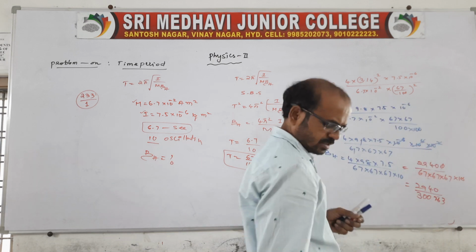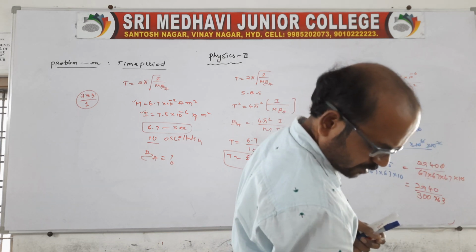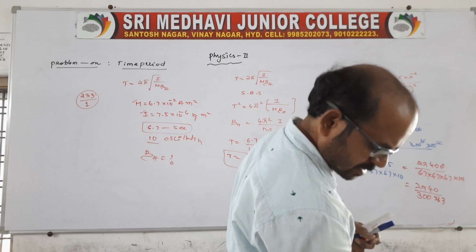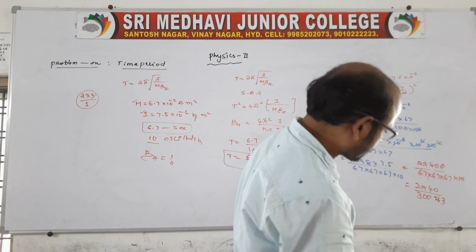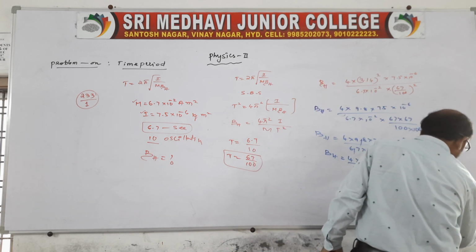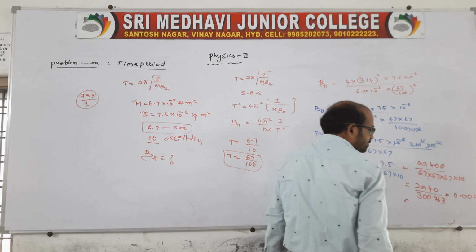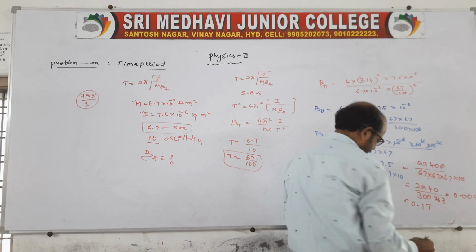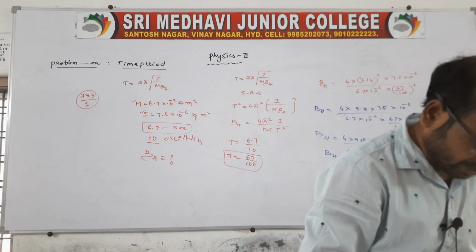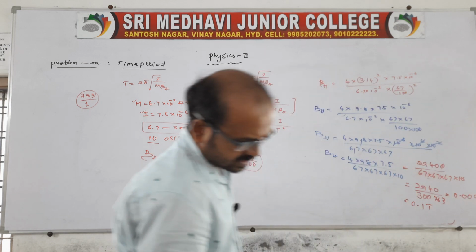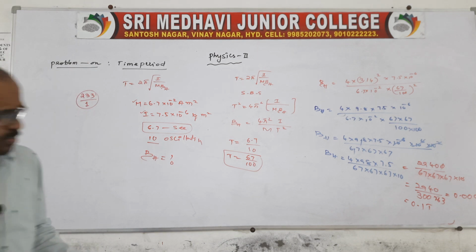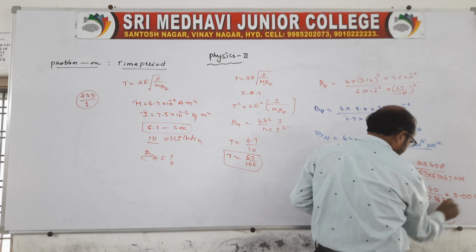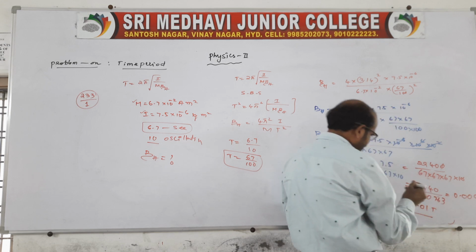Now you divide 2940 by 300,673. Approximately it is 0.000009. If you round this off, we may get 0.1 Tesla, or 0.01 Tesla, because it is 0.009, no? This is the final answer.